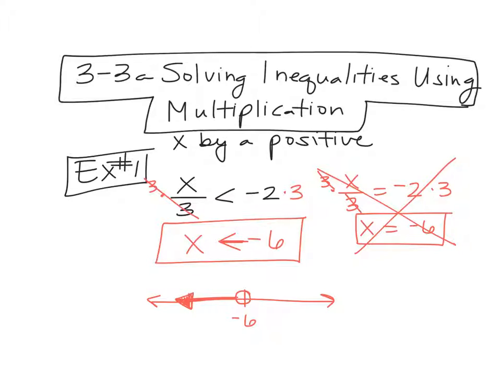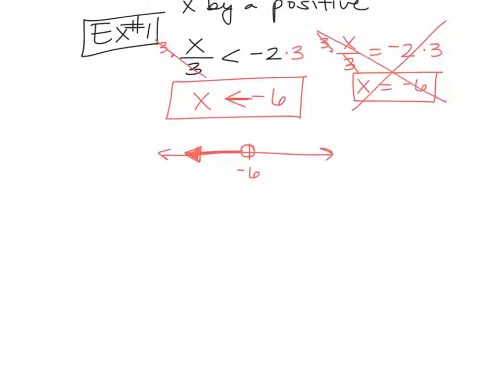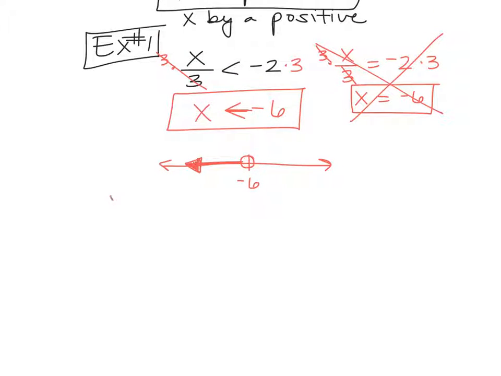Okay, so do this one for me. If I give you x divided by, it's all there. You can see the whole thing right now. X divided by 4 is greater than or equal to 5.